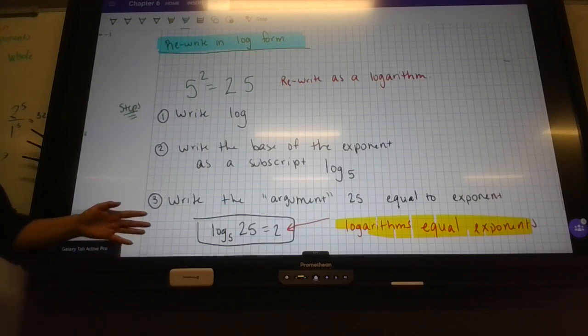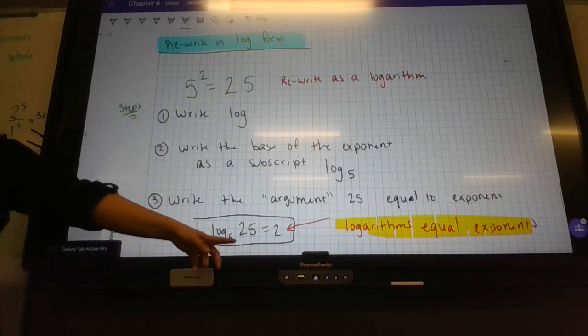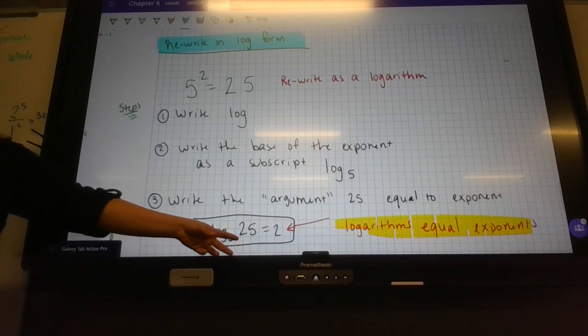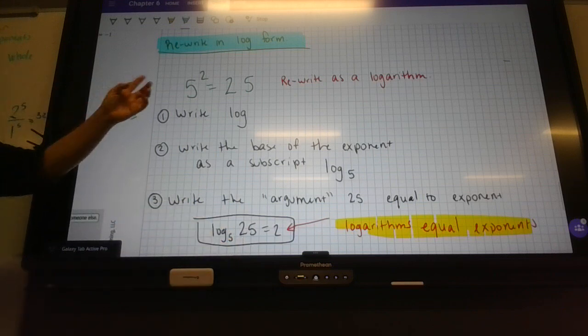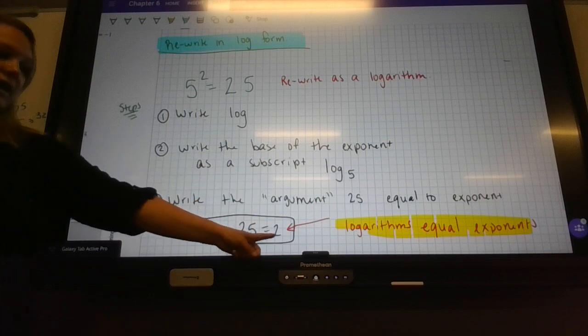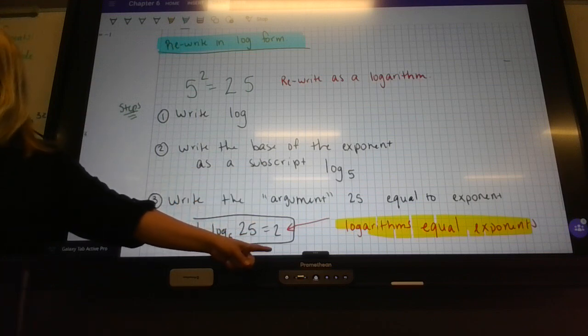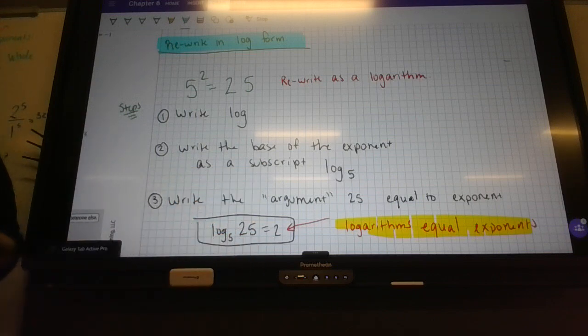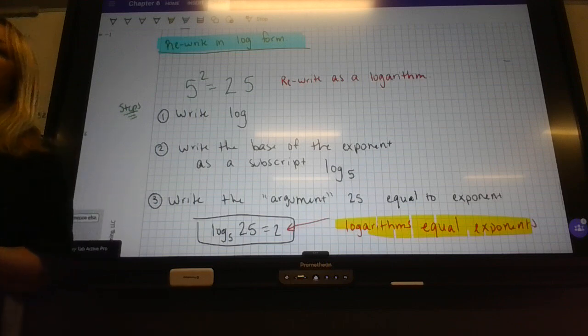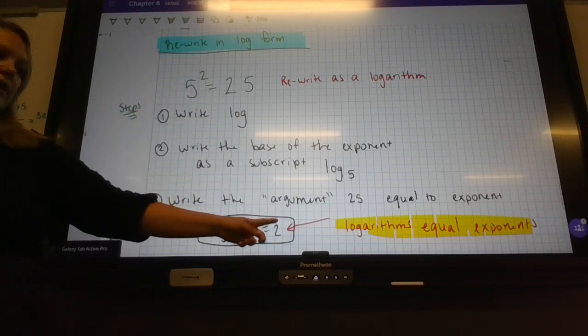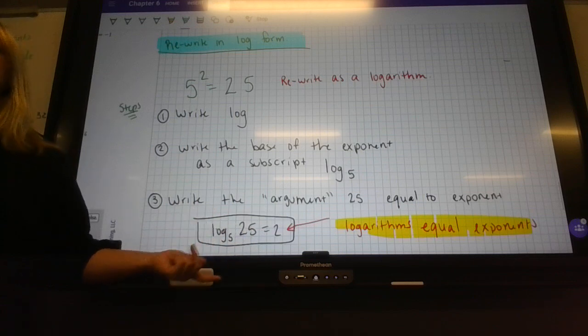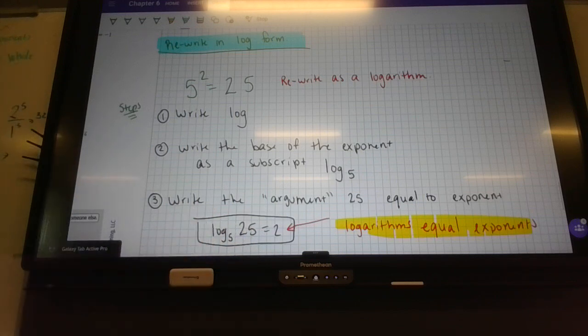The argument, 25, we call it an argument here, but I call it the result, goes in next. And just remember, the exponent should be the answer of the logarithm. So when you get lost, you have to think logarithms equal exponents. The exponent should be the answer. So you just have to figure out where the other two numbers go. When you're ready, do the gray box questions on 564. And I'll put the answers up, you can see if you got it down.